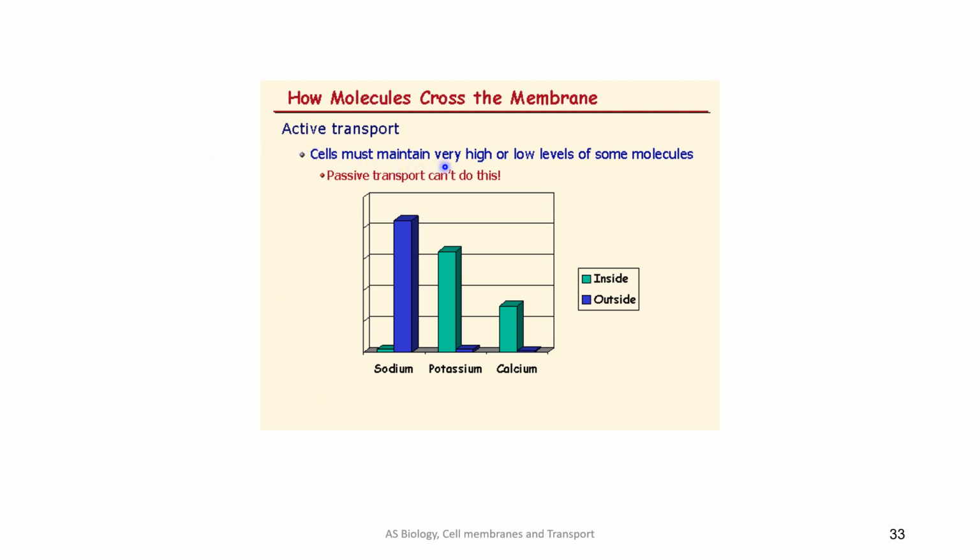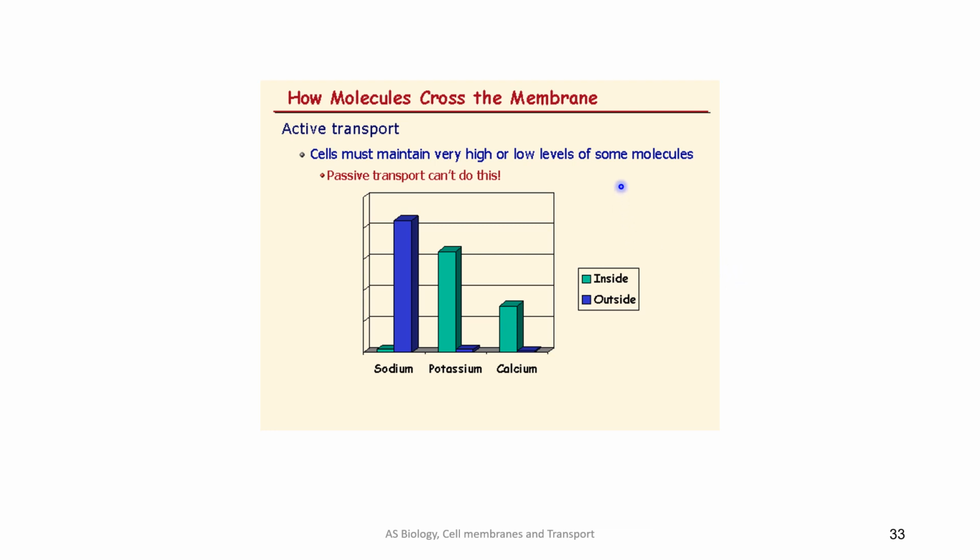In some cases in the cell, cells must maintain very high or very low levels of some molecules, and this cannot be done with passive transport. So diffusion, facilitated diffusion, and osmosis cannot maintain very high or very low levels of some molecules. And that's because they do not use cellular energy.